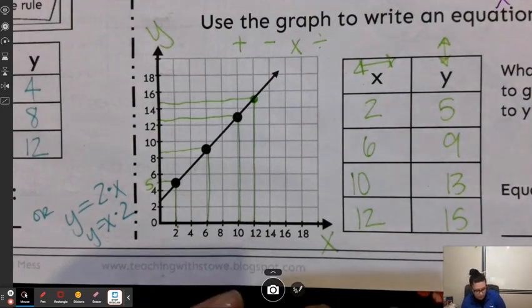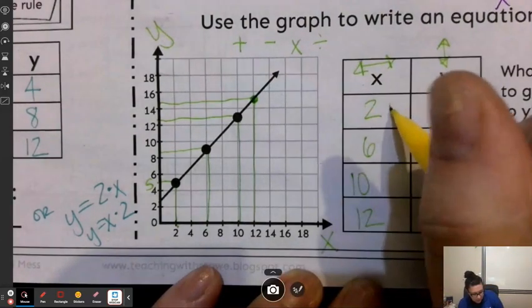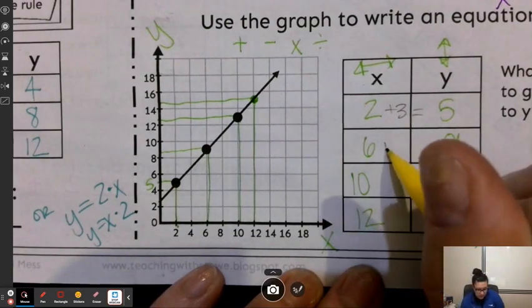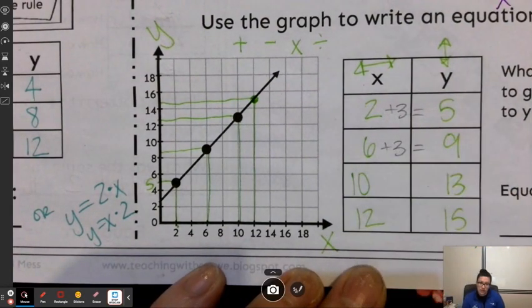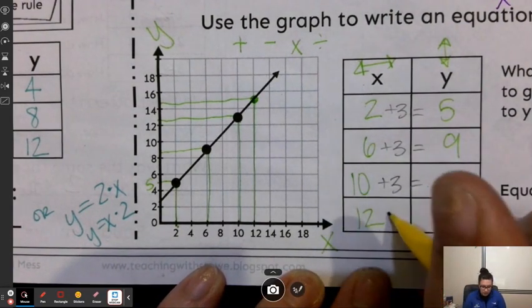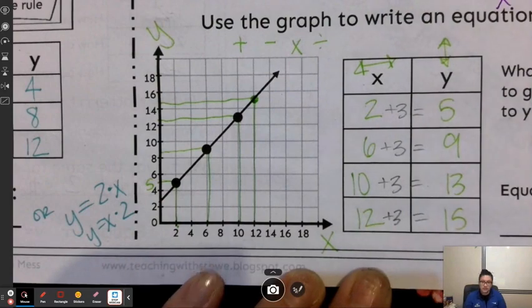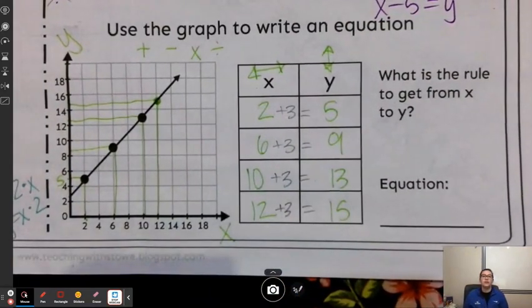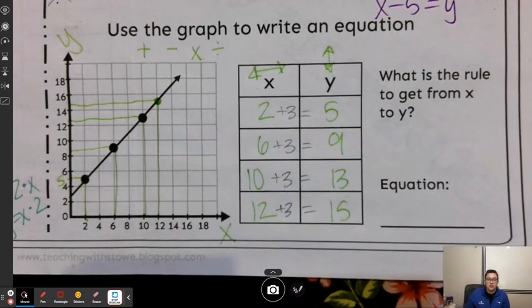I hope so. Hopefully you saw that 2 plus 3 is equal to 5, that 6 plus 3 is equal to 9, 10 plus 3 is 13, 12 plus 3 is 15. So we're doing the same thing over and over again. So what is the rule?